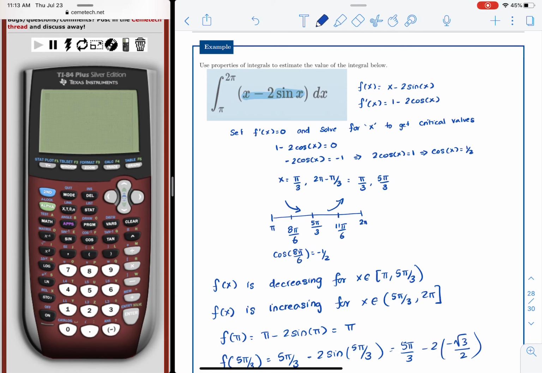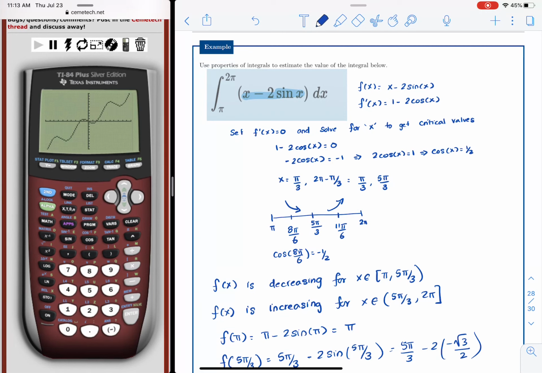Let's go ahead and graph this to be sure. Feels like I messed something up. Okay, that is what we have.